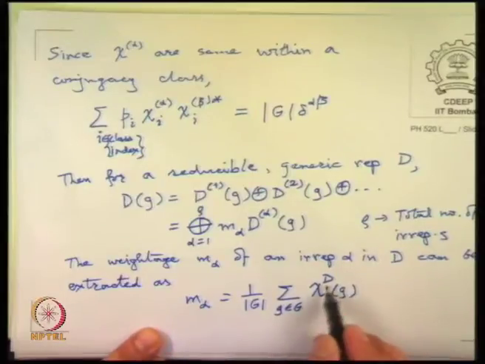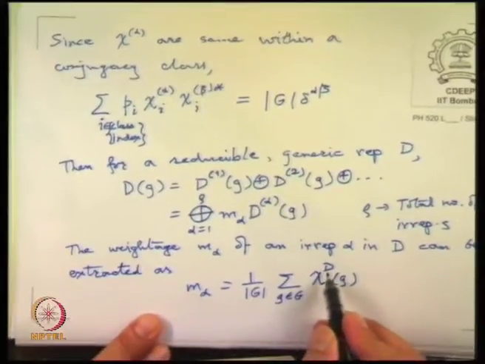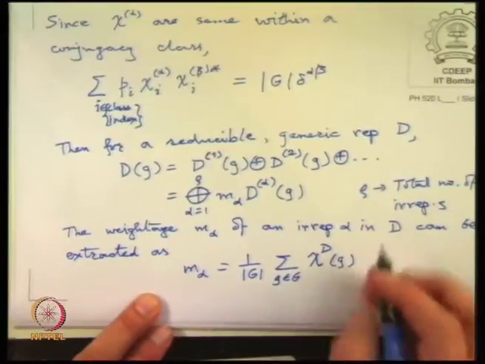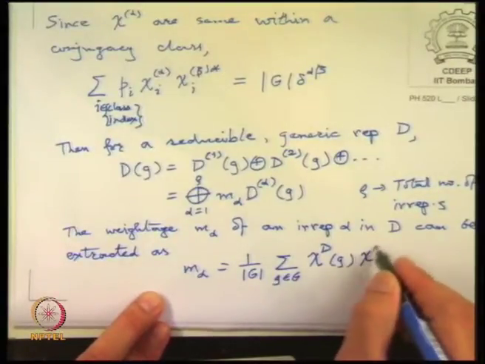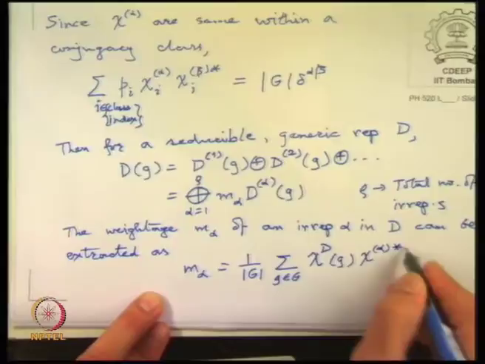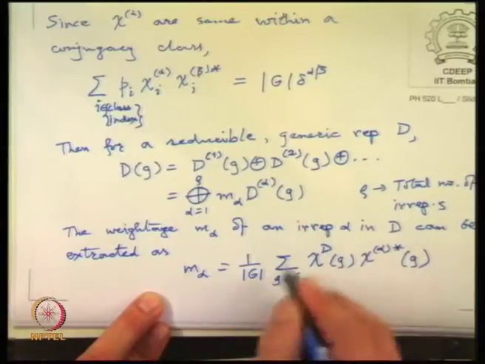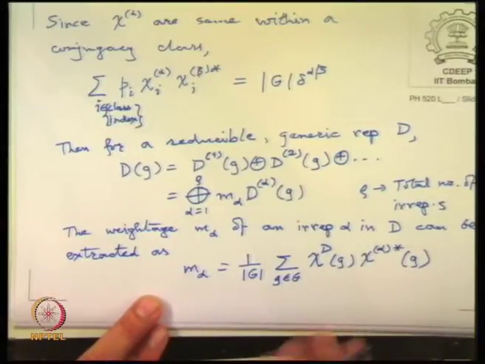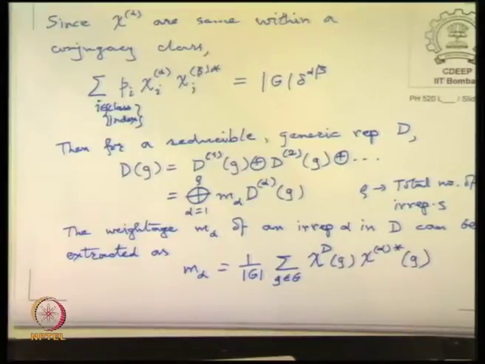Take the characters in the representation D, whatever it is, and then multiply it by chi star, project it out onto the representation alpha, and sum over all g. That gives the weightage of the representation alpha in it.